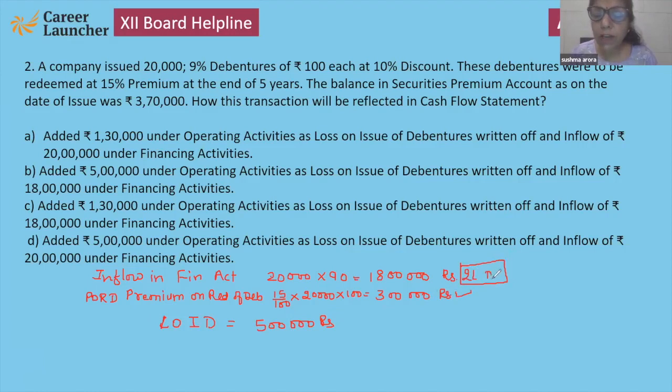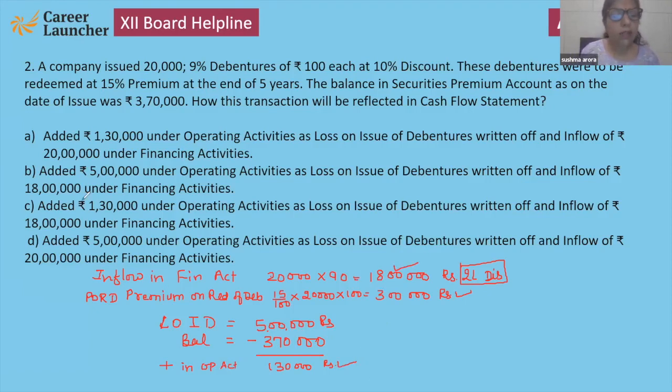So the company has a loss of 5 lakh and already they have a balance of 3 lakh 70,000. So ultimately 1 lakh 30,000 rupees is required, which will be added in operating activity. Clear, children? So 18 lakh in financing activity, 1 lakh 30 in operating.